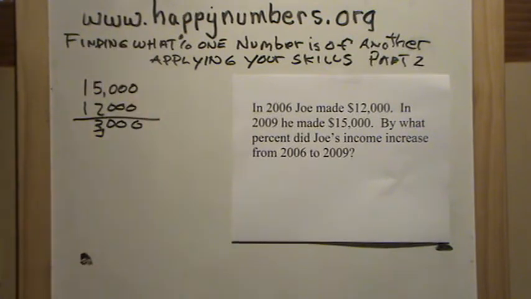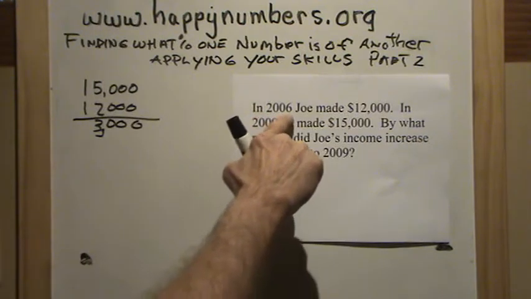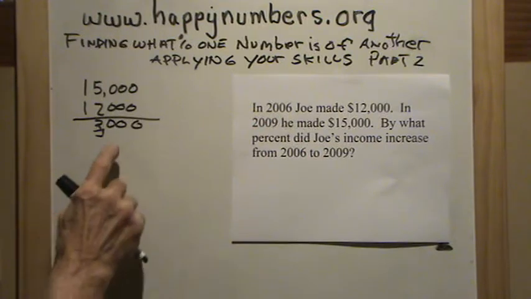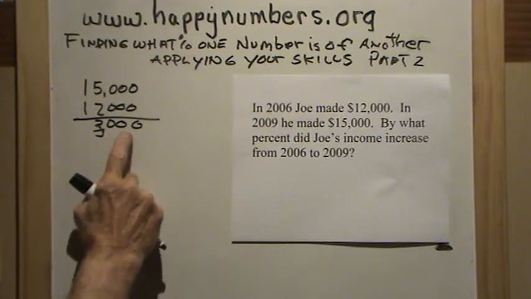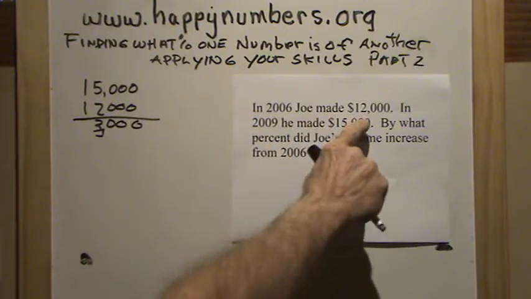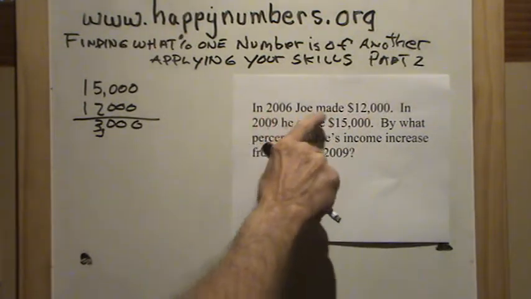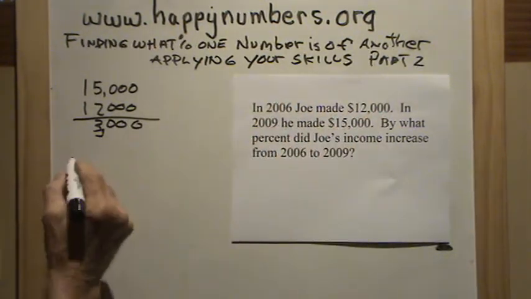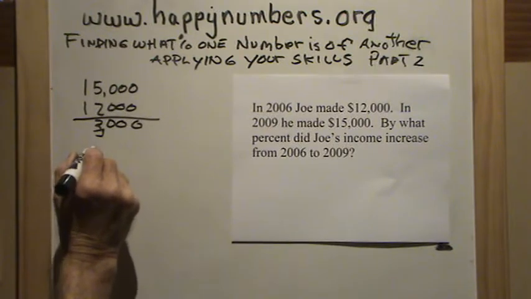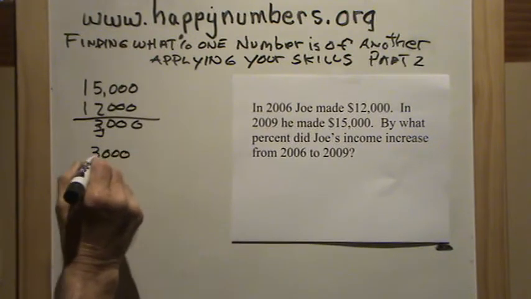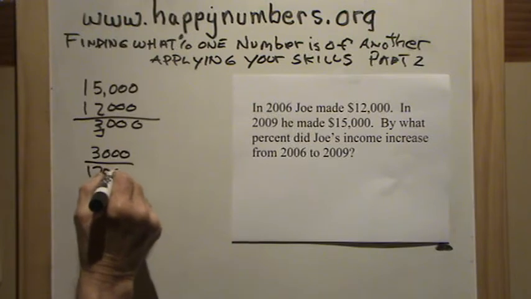Now we have to find out how much his income increased from what it was in 2006. So we want to know 3,000 is what percent of 12,000, because that's what he made in 2006, and we know how to do that. We can put 3,000 over 12,000.